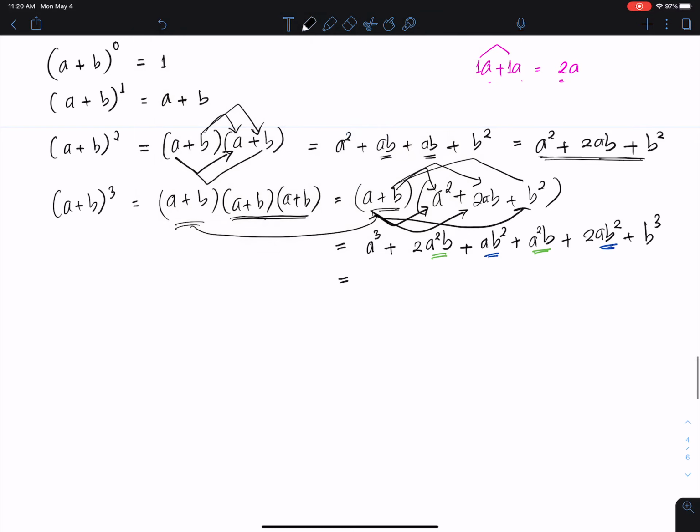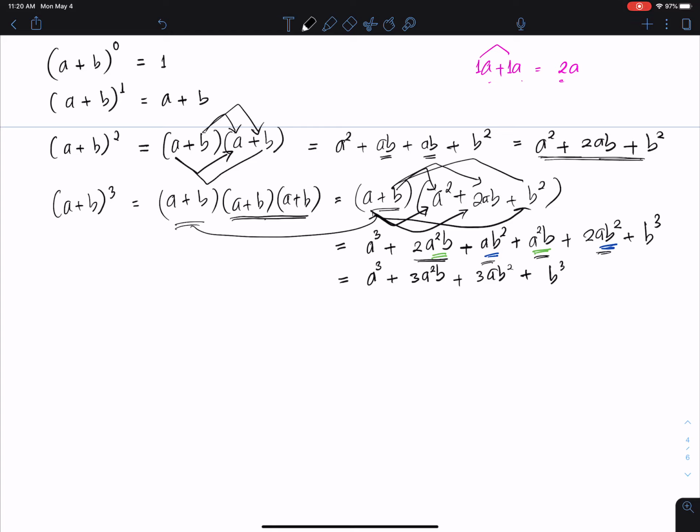So now simplified, a to the power of 3. 2a square b plus a square b, 2 here, 1 here, becomes 3a square b, plus the same here, ab square plus 2ab square, we get 3ab square. Okay, and then the last one we have b to the power of 3.